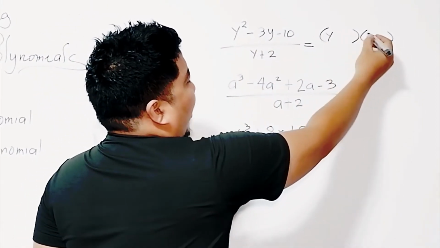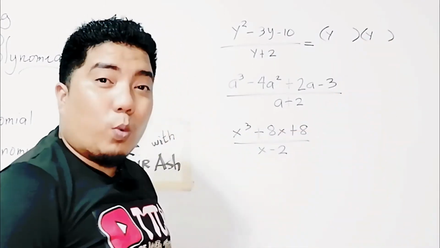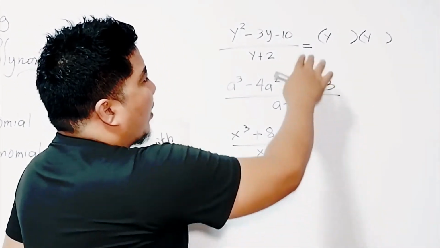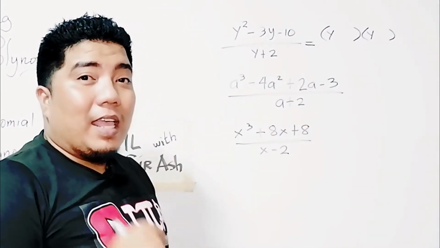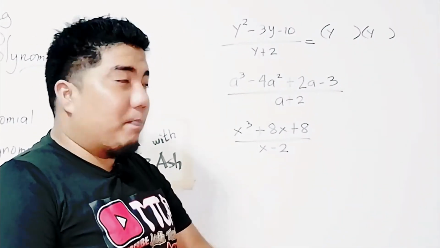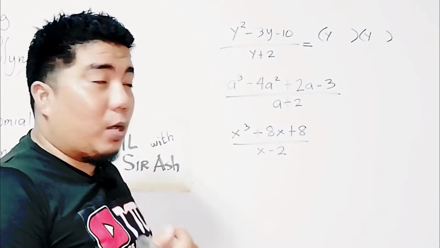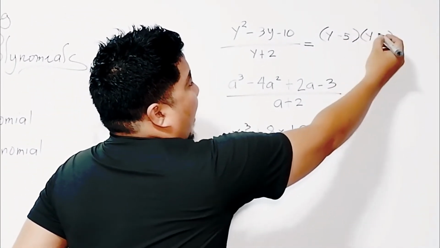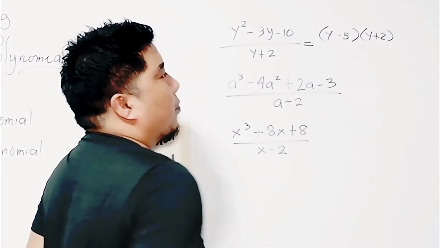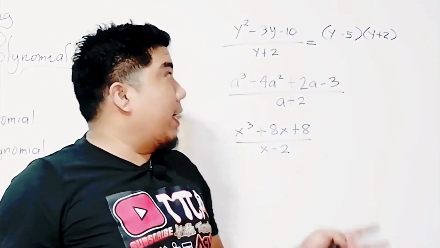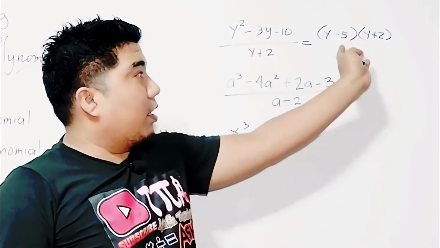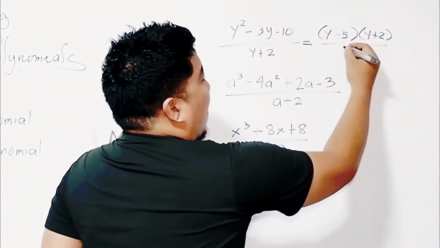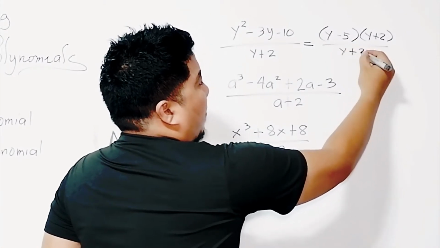Factors of y squared are y and y, because y times y is y squared. And then, what are the factors of negative 10 such that when I add them, the answer is negative 3y? The answers are negative 5 and positive 2. Meaning that if I break this down, these are the factors. Then it is divided by your divisor, which is y plus 2.